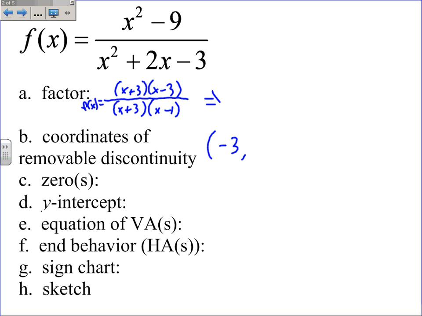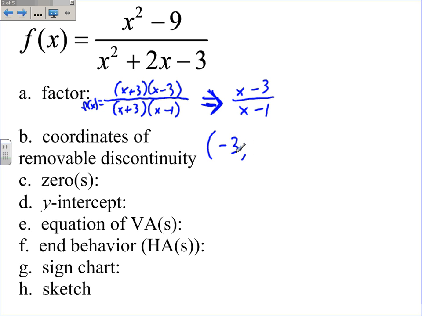Now this isn't necessarily equal, but if we canceled those out, it would be x minus 3 over x minus 1. And I have a little arrow here rather than an equal sign because they're not quite equal. But the graph is similar to this, except for the point of the removable discontinuity.